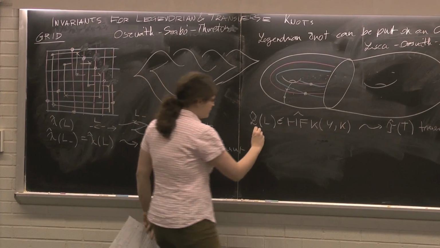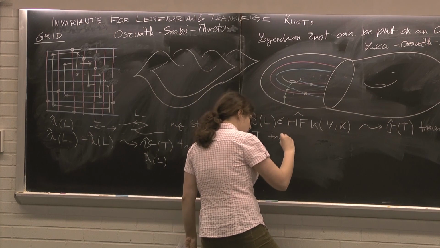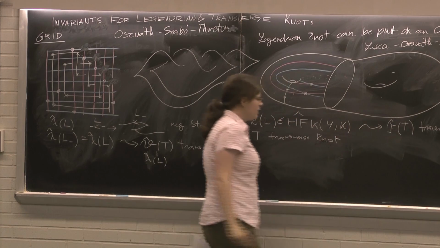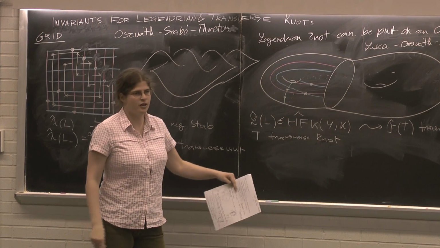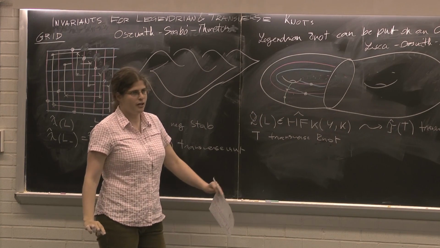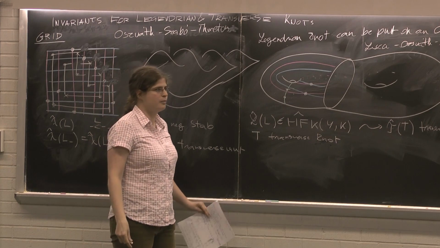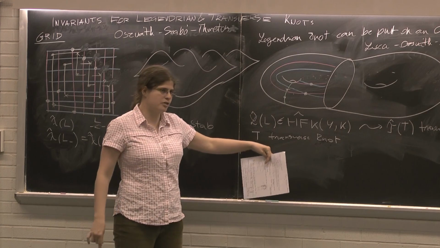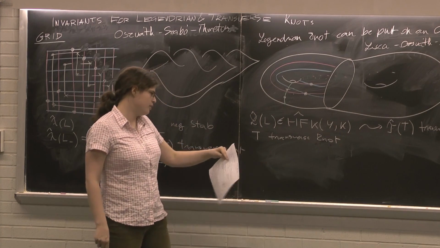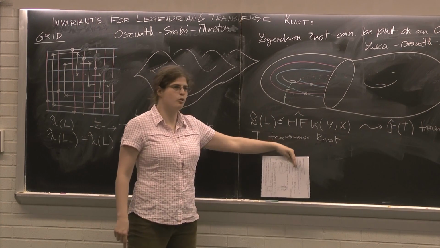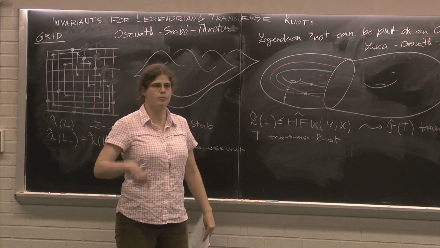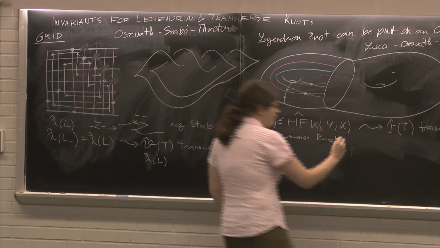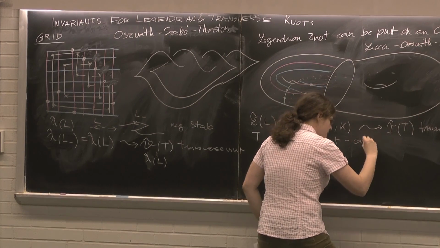Then there is Giroux's theorem, maybe proved by Vincent Colin, and right now written in the paper of Lisca and Stipsicz, that every transverse knot can be put as a binding of an open book. Maybe the open book can have other components, but it can be a binding component of an open book.